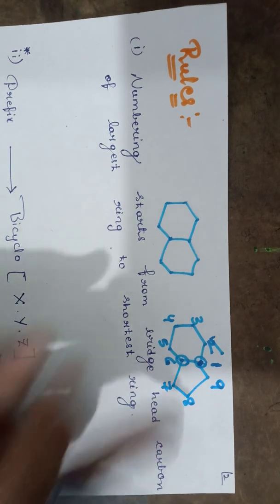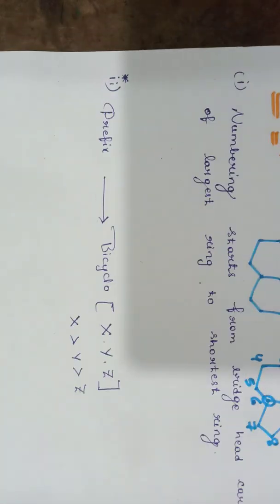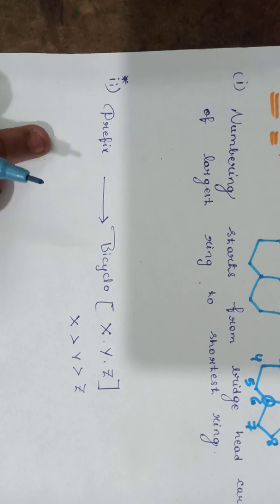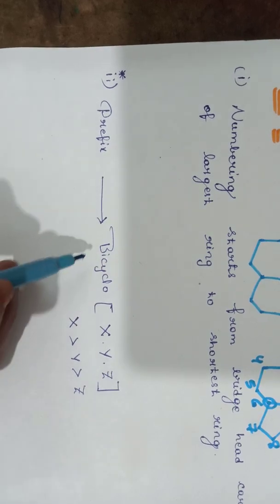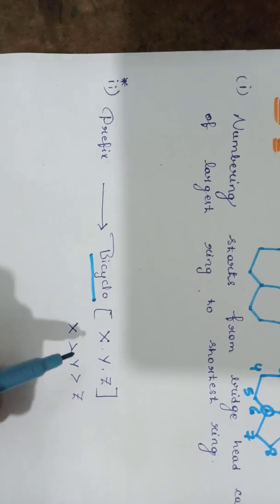Is it clear? The next rule is that the name of a bicyclo compound has to be like bicyclo XYZ.